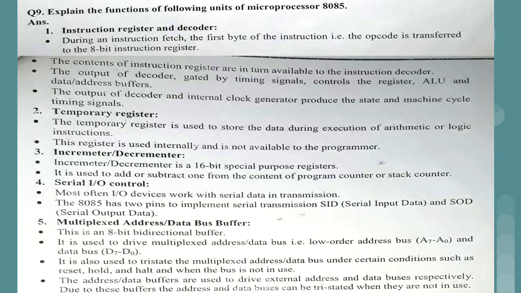Whatever information is sent by the instruction decoder to the timing and control section, the timing and control section analyzes it, and with the help of that decoded result it produces the state and helps us determine how many machine cycles we are going to use. Sometimes we need only one machine cycle, sometimes we need two. So the machine cycle count is calculated with the help of the output of the instruction decoder.